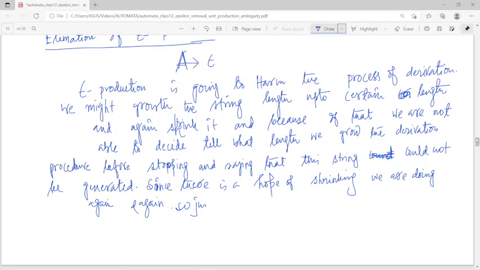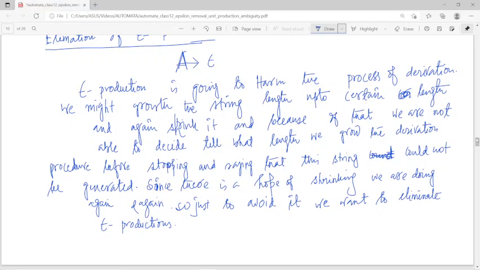So just to avoid it, we want to eliminate epsilon productions.